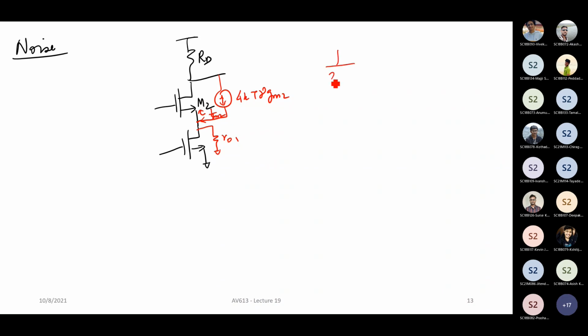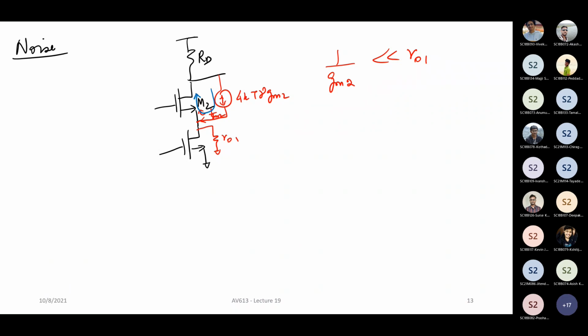Now, typically, if you design it, especially at these older technology nodes, 1 by GM2 is much smaller than R01. So what will happen is that most of the current will just go back into the transistor M2. You understood? Because the other side impedance is quite high.